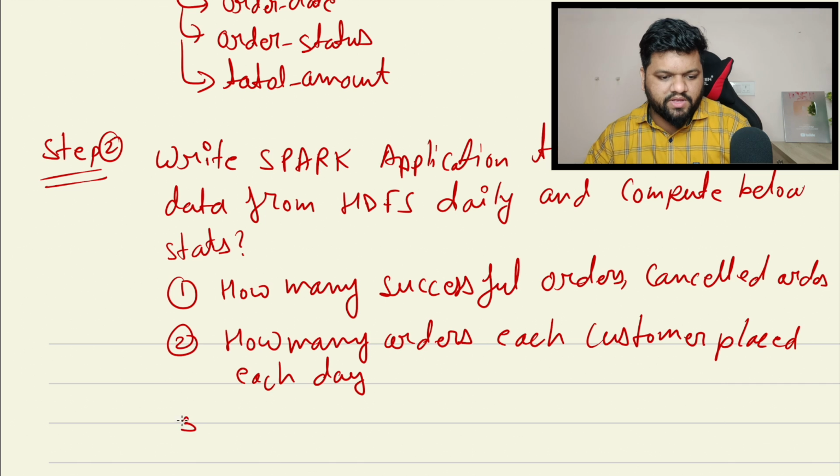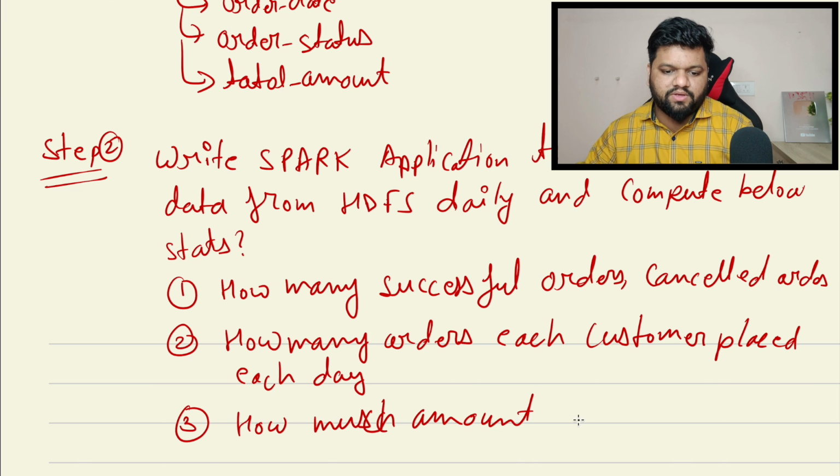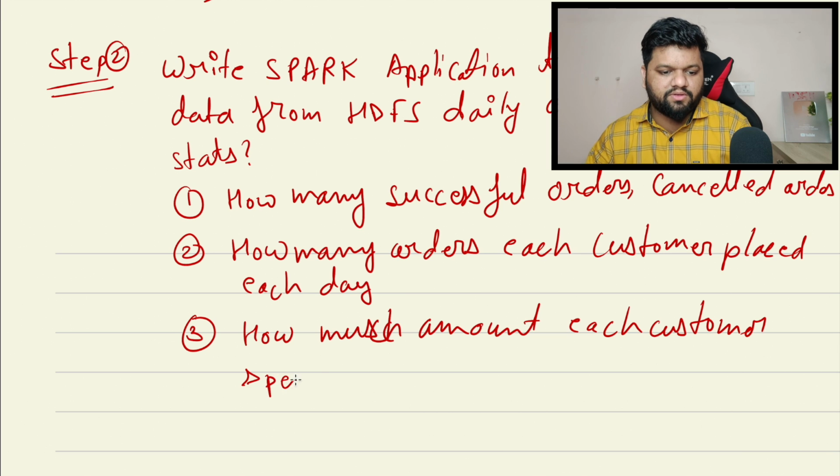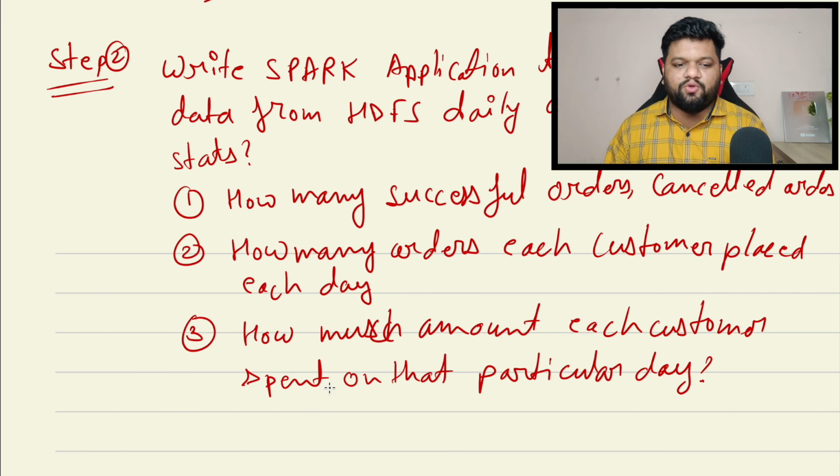Third, how much amount each customer spent on that particular day. So this is the part you actually need to write. In your Spark application, you need to read the data from the HDFS.